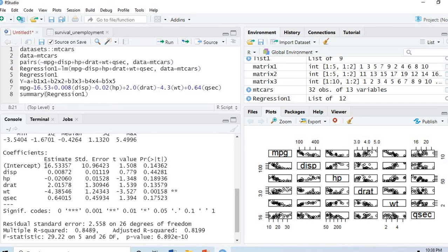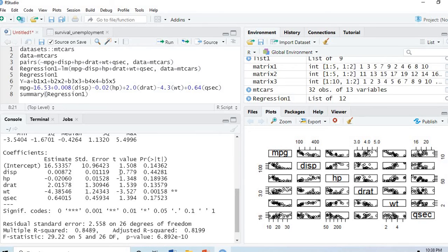Now the second important specifications are the coefficients. Now intercept, the value of a, which we have already computed in the previous command, and the coefficients of independent vectors for DISP, HP, D rate, weight and Cusack, we already computed in the previous command as we used the LM function. But the important point is that in this summary results, we will have certain t-test values along with the respective associated probabilistic values.